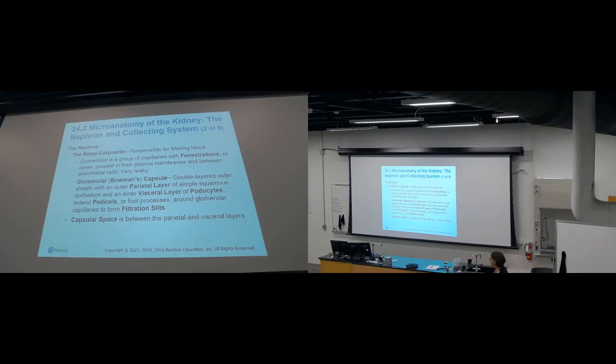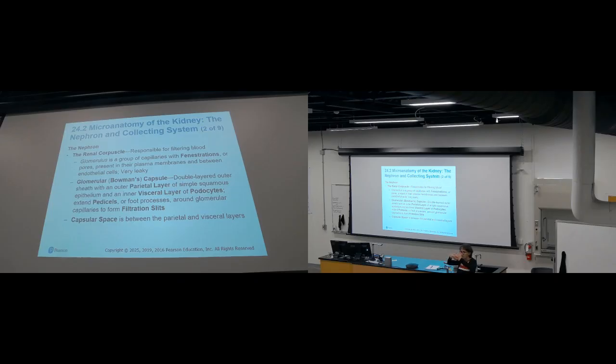So the visceral layer, which is the one that directly embraces these capillaries, has some cells that are called the podocytes. The podocytes embrace these capillaries and they have finger-like extensions that are called the pedicels.